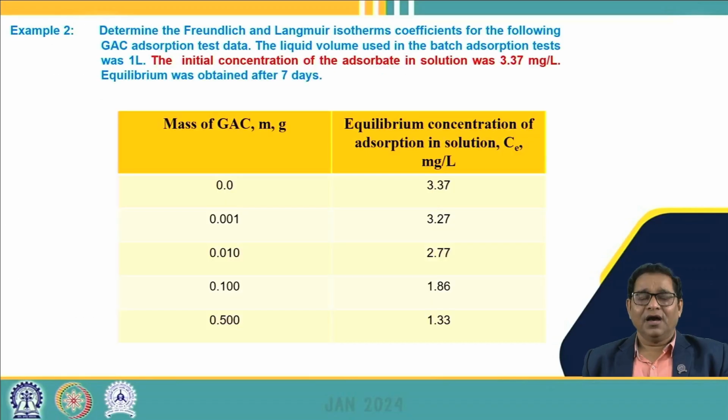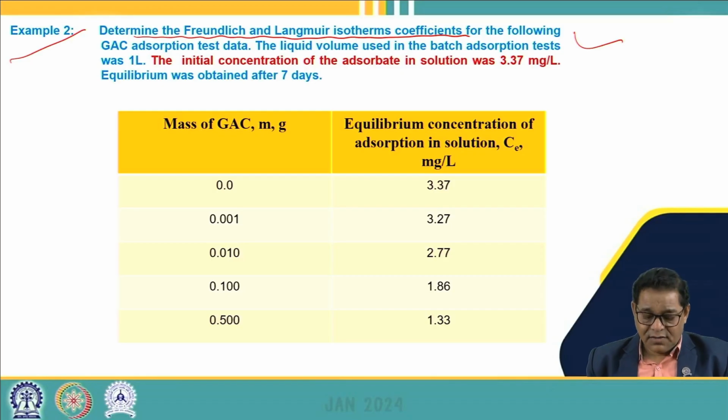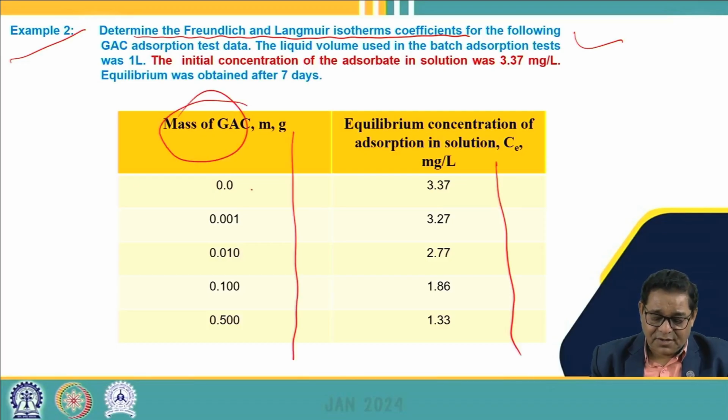activated carbon. And then this is the type of example where we have to find the Langmuir and Freundlich isotherm coefficients using the test data given below. This is basically the mass of granular activated carbon added. This is 0.00, which means nothing is added. Here 0.01 gram is added, then 0.01 gram is added.